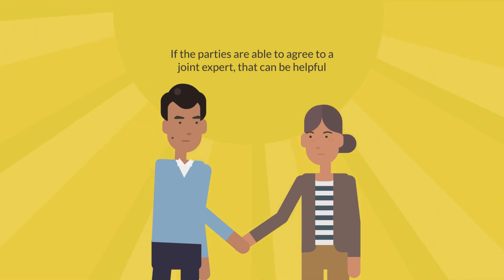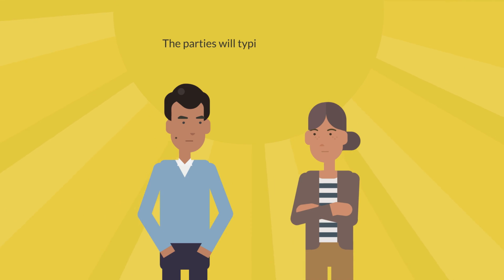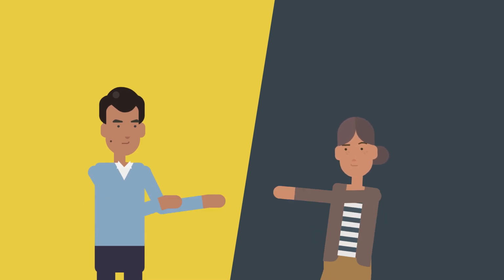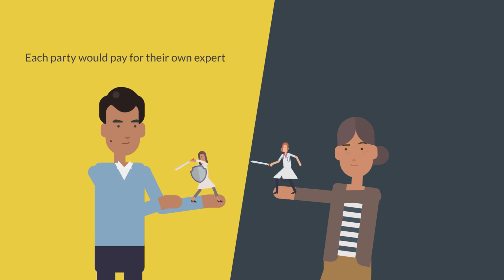These can be helpful in the sense that the parties will typically split the costs or make agreements about how this expert is to be paid. Otherwise, we would have competing experts, where each party retains an expert in their own right and pays for that expert, subject to potential reallocation.